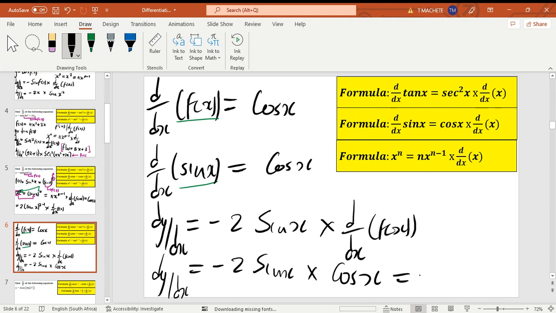And then this is a double angle. You can write it as minus sine 2x if you want to.